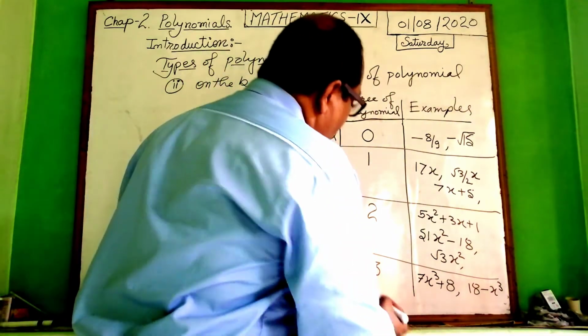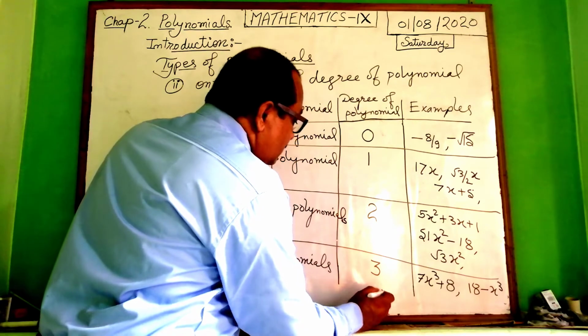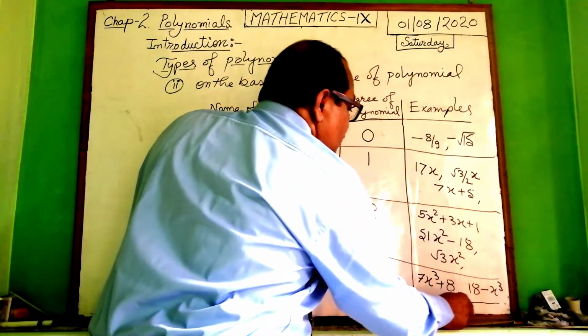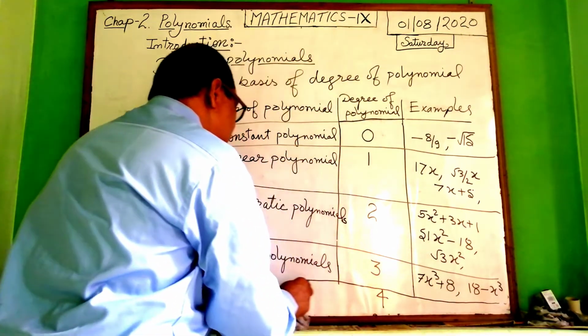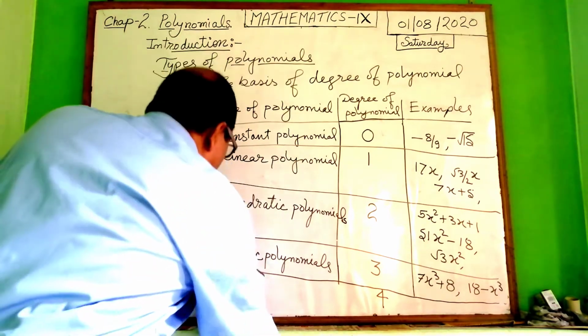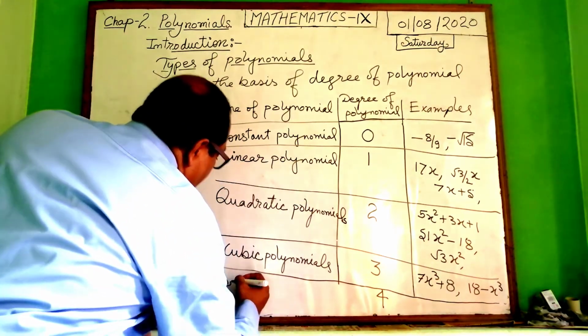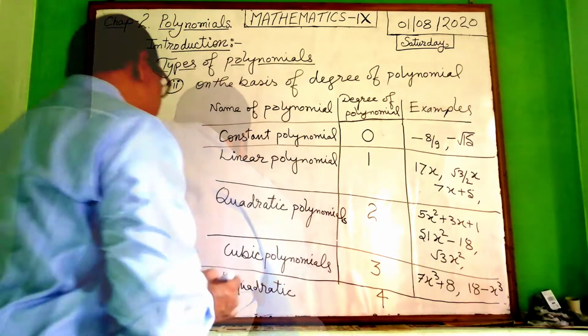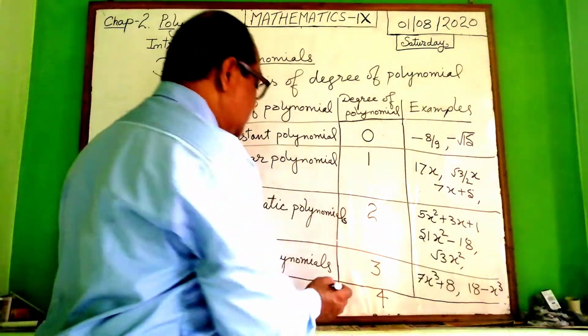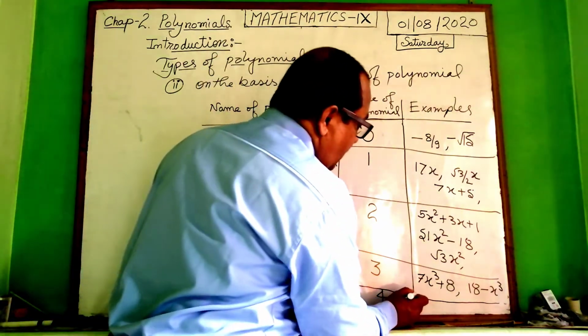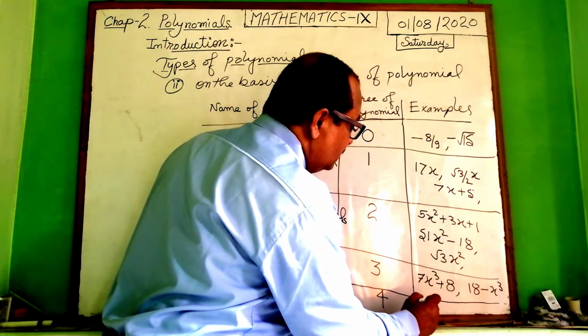Now come to see if the degree of the polynomial is 4. What will be the name? It is known as a biquadratic polynomial. So a biquadratic polynomial has degree 4. For example, I am writing only one example.